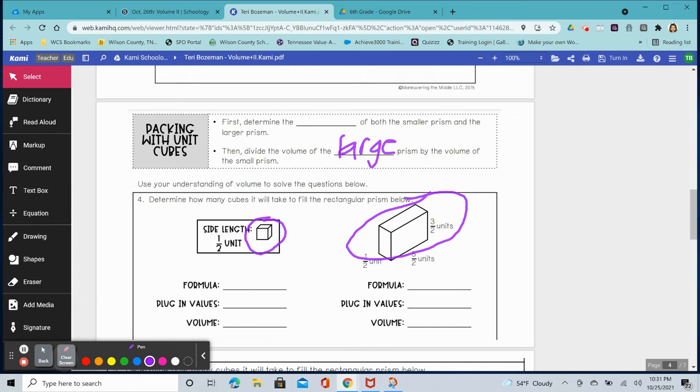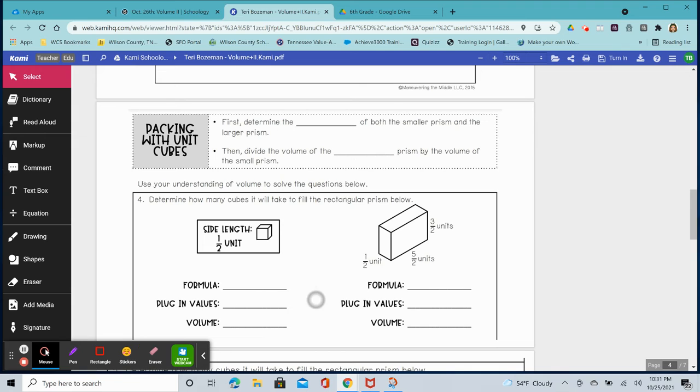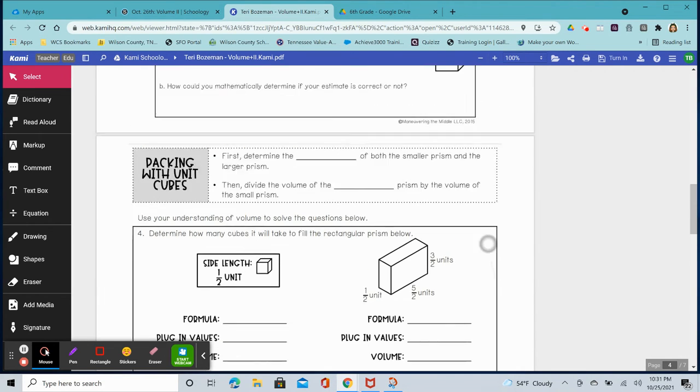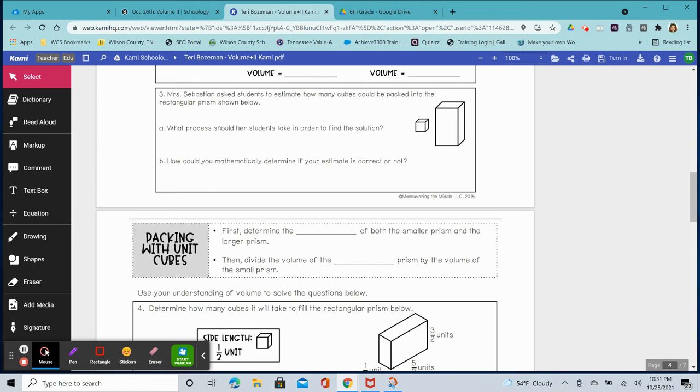So, let's take a look at actually doing that with some problems. So number 4, it says determine how many cubes it will take to fill the rectangular prism below. So if you notice, this is the same thing that you had to do up here, figure out how you could estimate that.